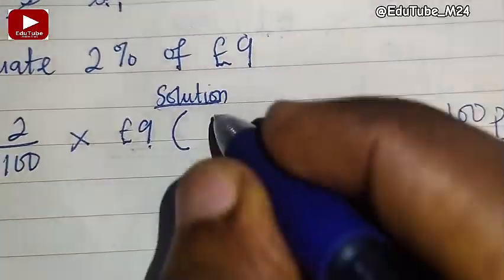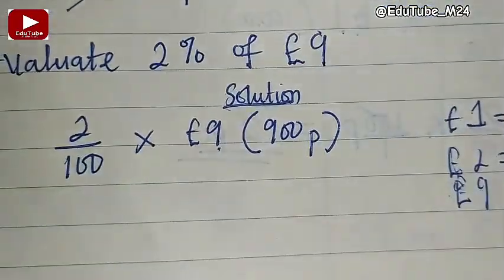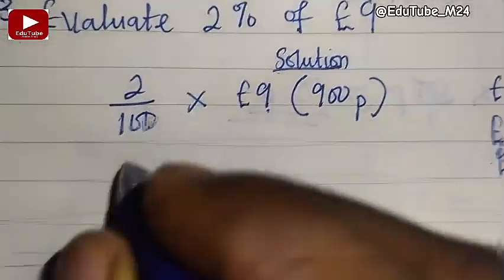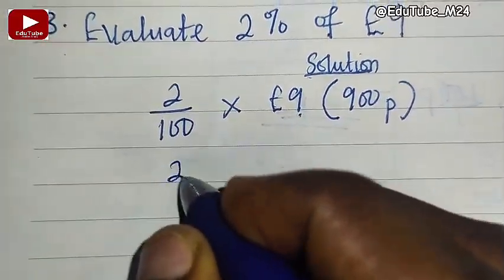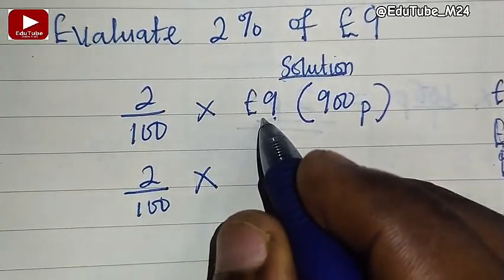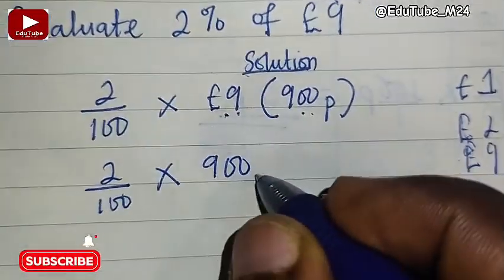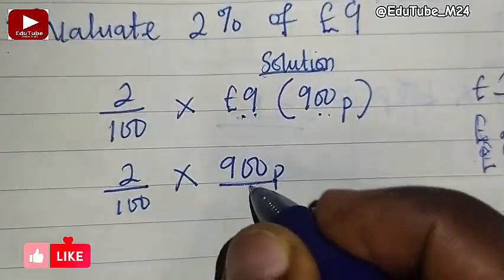So £9 is equivalent to 900 pence. So I'm going to write that in a bracket. Now this fraction has to be rewritten, so it will become 2 out of 100 times, so instead of writing £9, I'm going to write 900 pence, times 900 pence out of 1 or over 1.